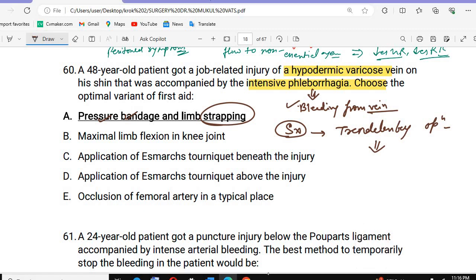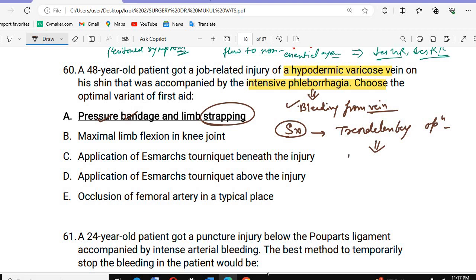That is the Trendelenburg operation. What you will see is the flush ligation of the GSV, the great saphenous vein, with the femoral vein.